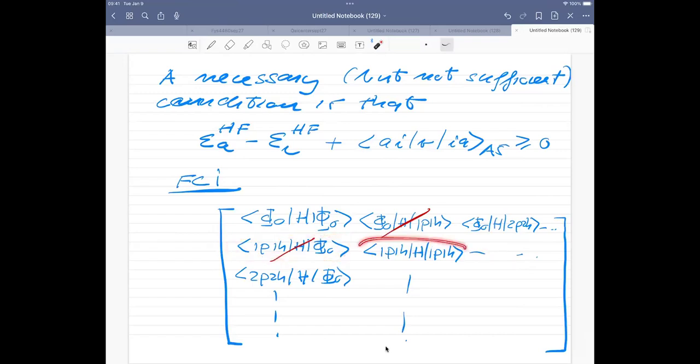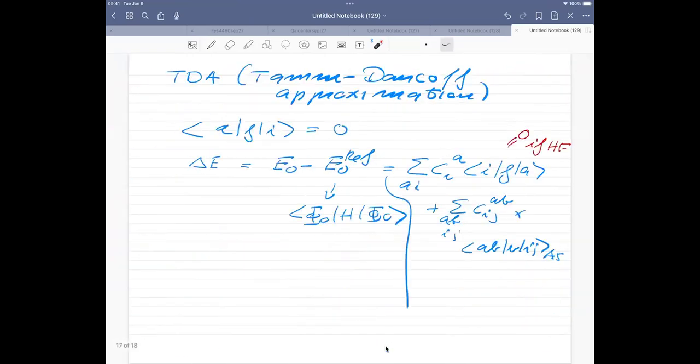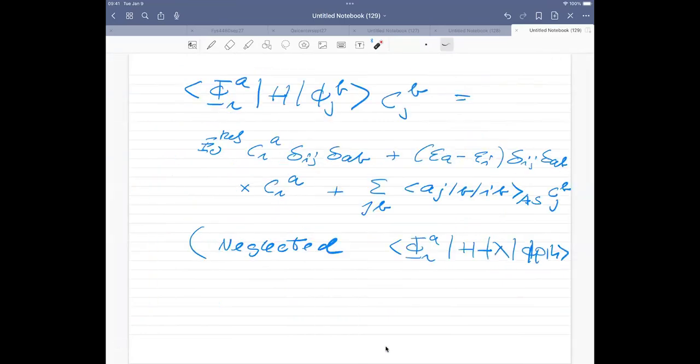Then we are just left with this term, if we now say that the coefficients C_ij^AB and C_ijk^ABC are 0. That leaves us only with the evaluation of that specific term.